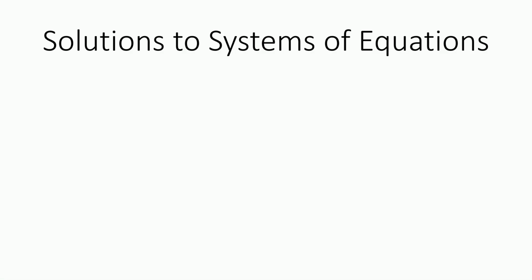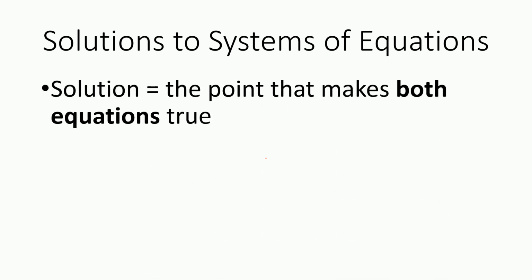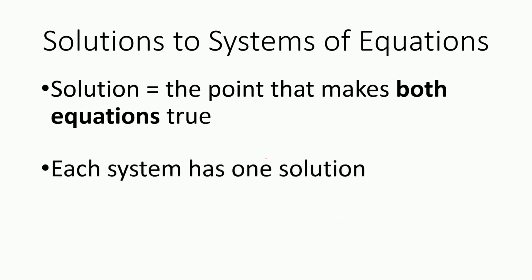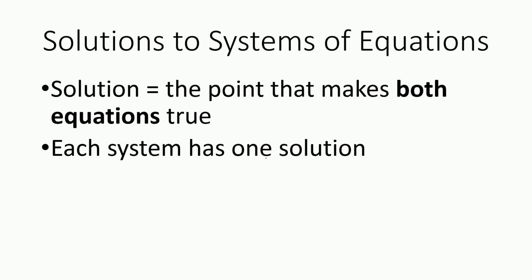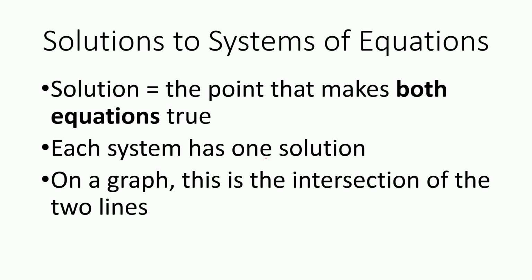So as we found in linear equations, systems of equations have solutions that are points, and in this case they're points that make both of the equations true in the system, which means that systems have only one solution, and on the graph that means it's the intersection of the two lines.